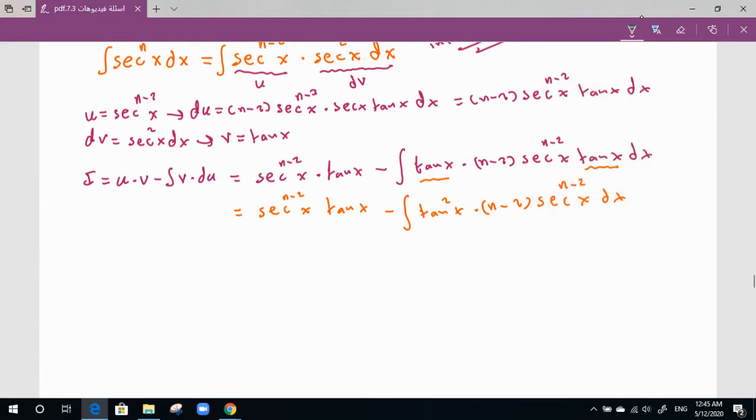Now, tan square x, I will replace by secant square x minus 1 as an identity.